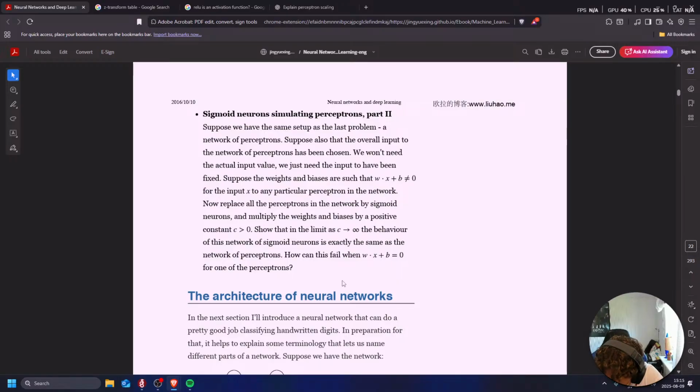When the input is equal to 0. For one perceptron, okay. One of the perceptrons, right? Right. Now we have the answer, which ChatGPT gave us.